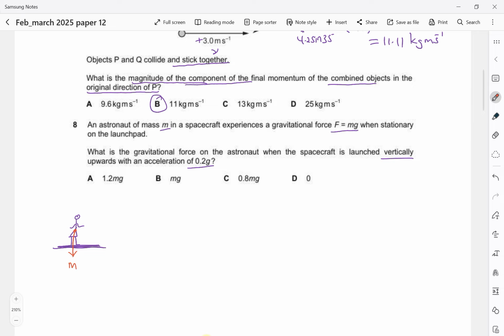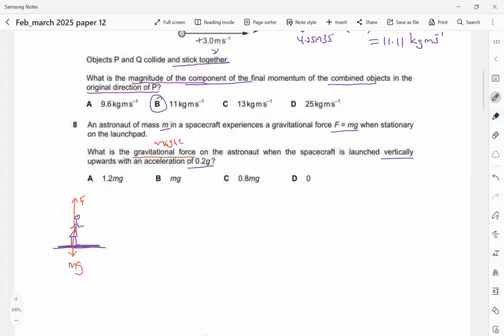That is mg. Gravitational force F equals mg. Of course, this is the same as the force exerted in the upward direction. Remember, the gravitational force is actually the weight of the astronaut.